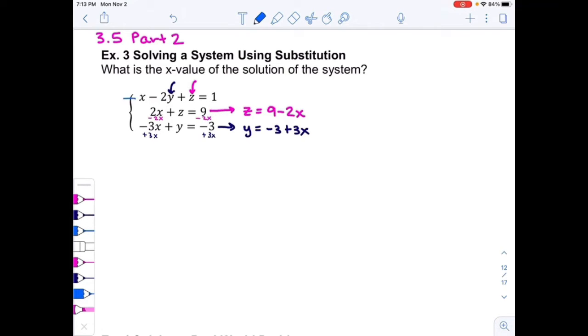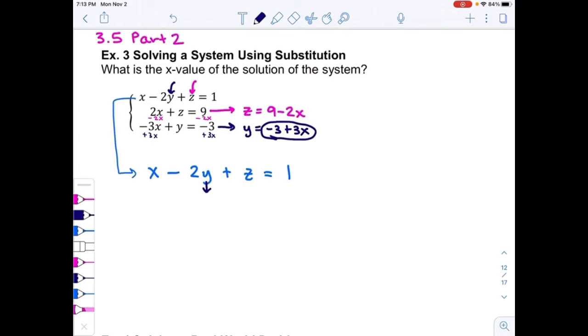If I take this first equation here, we have an x minus 2y plus z is equal to 1. And what I'm going to do is replace my y variable with this expression for y.